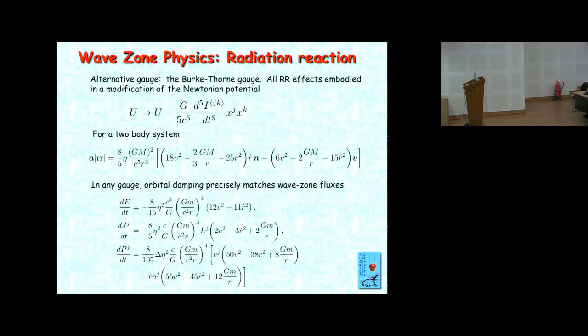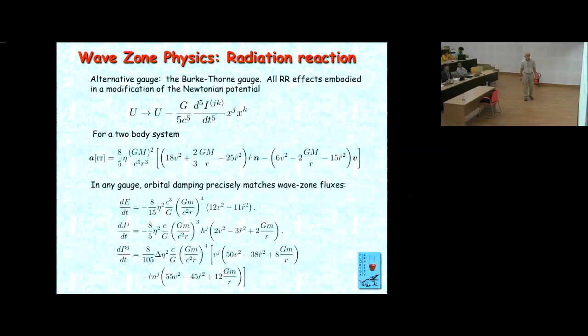Or if you want the rate of change of angular momentum, since J is x cross v, take the time derivative, that's just x cross A radiation reaction. So again, you should be able to do that and get the rate of change of angular momentum. And you can do a similar calculation for the momentum kick.